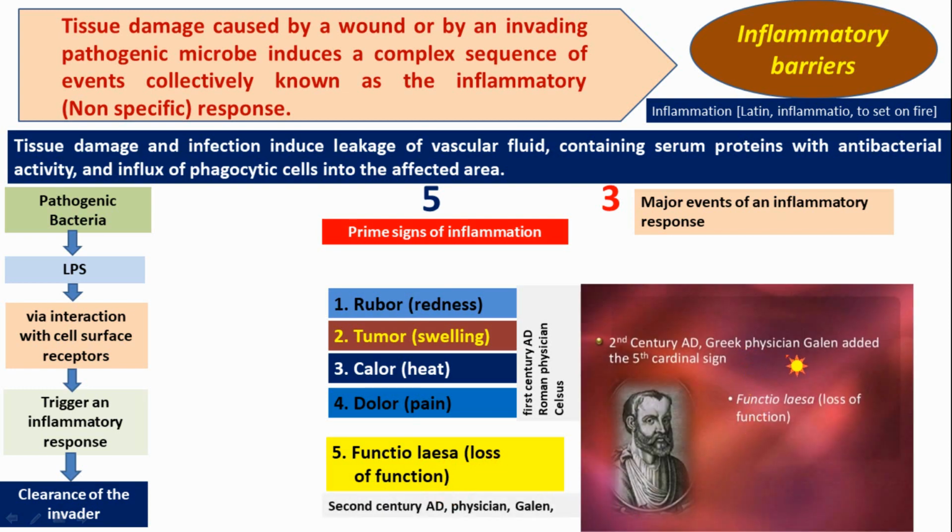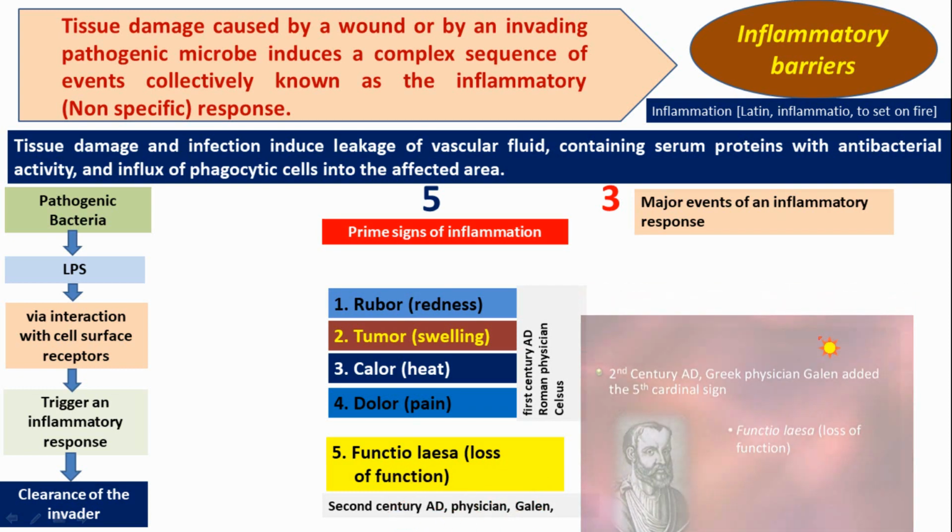It is also mentioned in several books that functio laesa was introduced by Virchow, but I have taken from the immunology book, which says that the 5th prime sign was introduced by Galen.